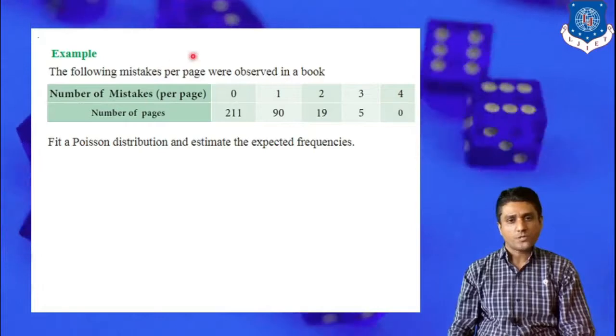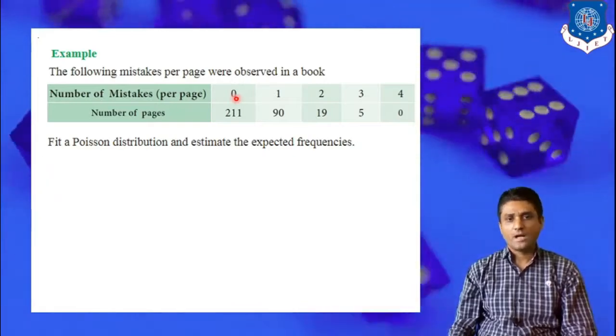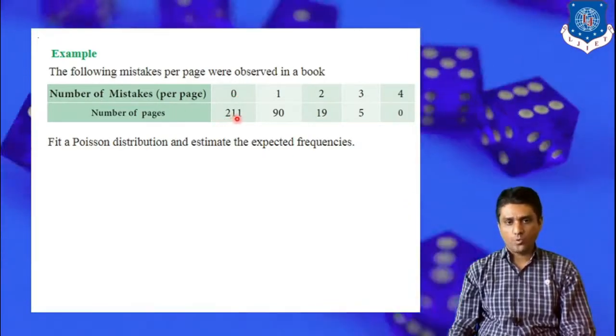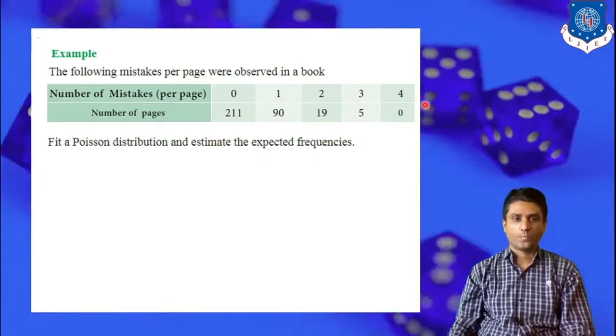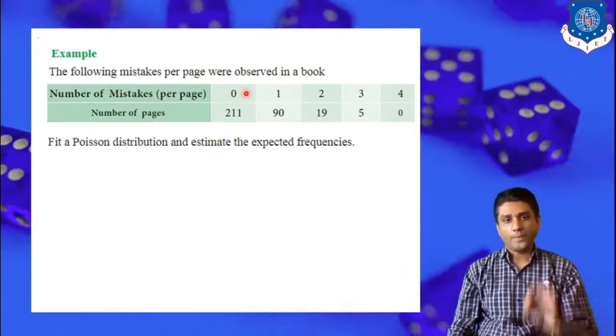The observed frequency is given; the number of mistakes per page is 0, 1, 2, 3, 4.